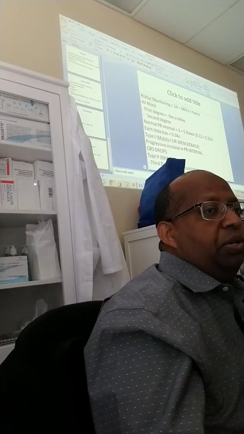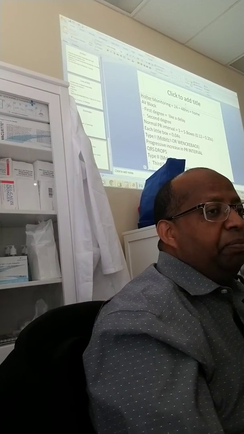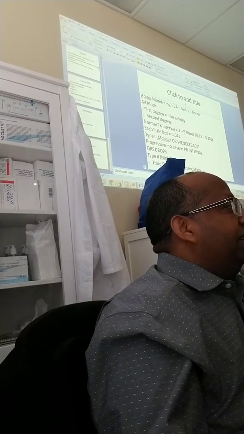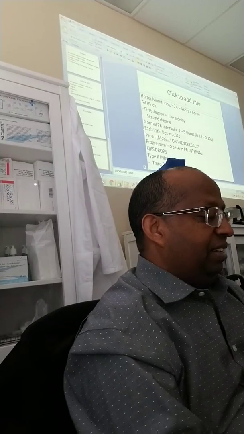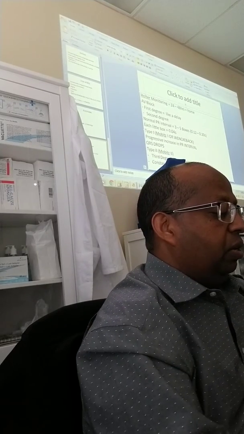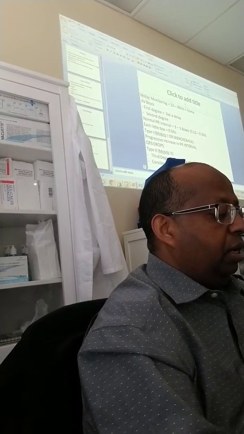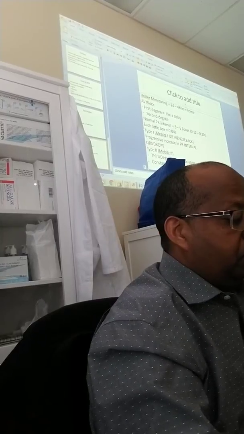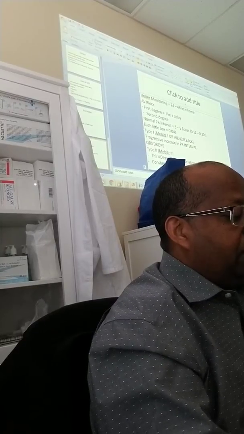You will get more in clinical conditions. But in type 2, it's not a progressive increase, it's constant. There is a constant PR interval. But still, QRS drops.